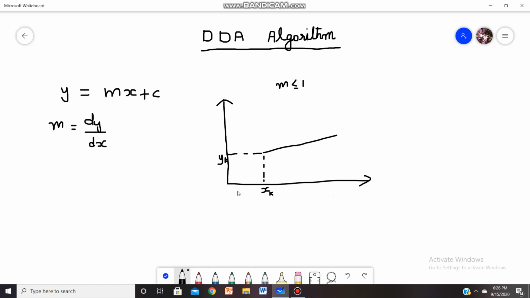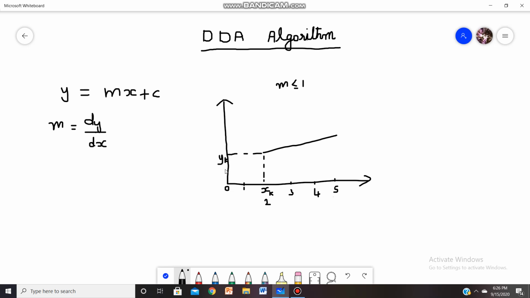Suppose the x-axis is starting at 1, this can be represented as 2, then 3, 4, 5, and so on. It will be going like this.